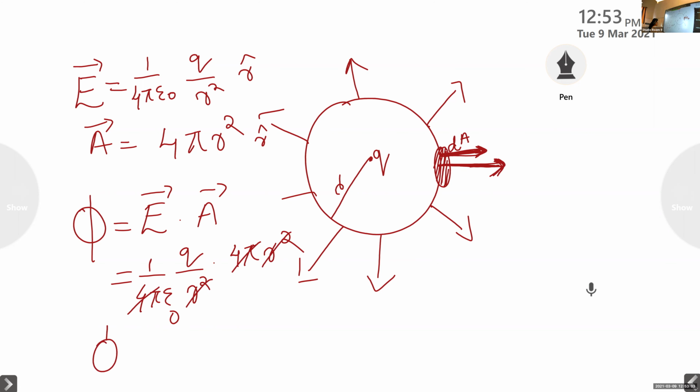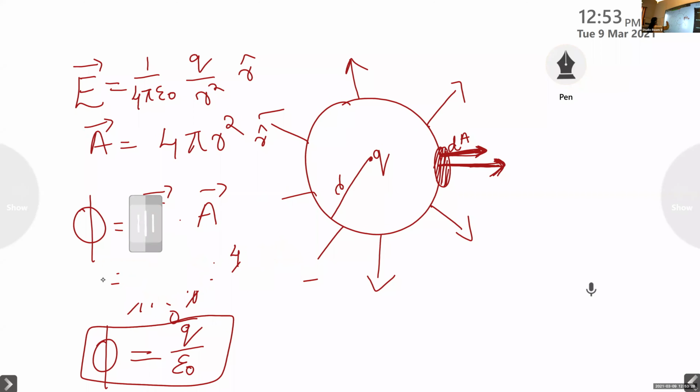What is left? Phi is equal to Q divided by epsilon 0. This is our Gauss law. Electric flux phi is equal to Q divided by epsilon 0.